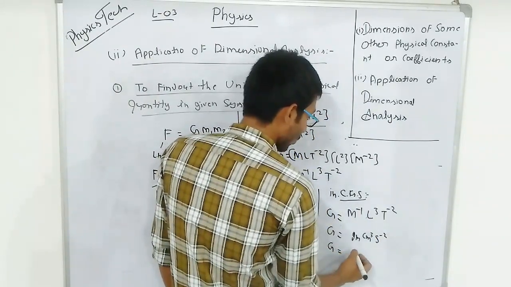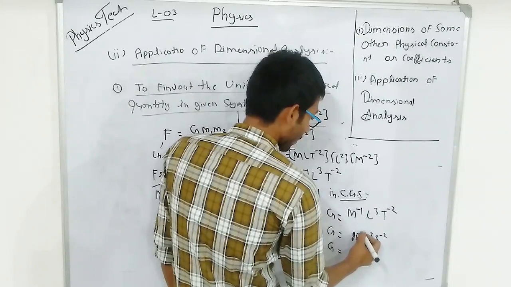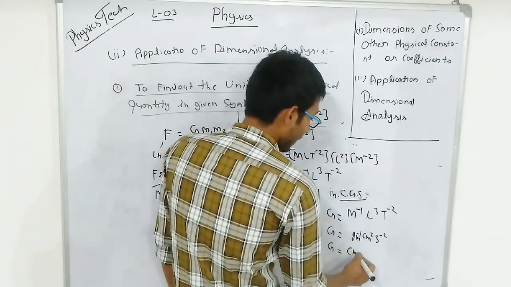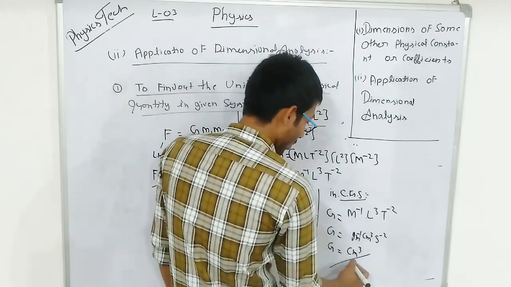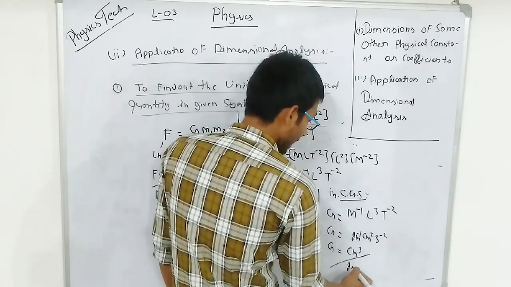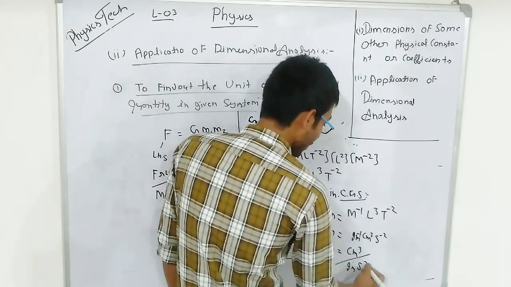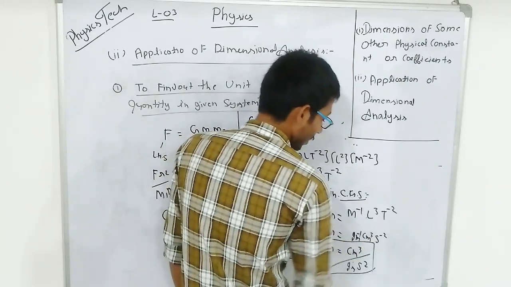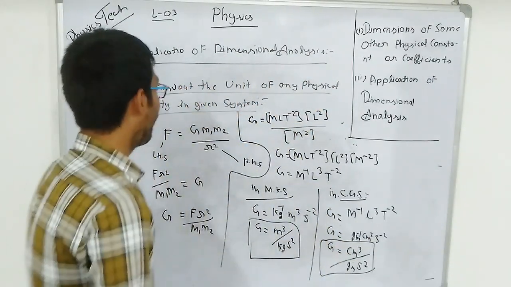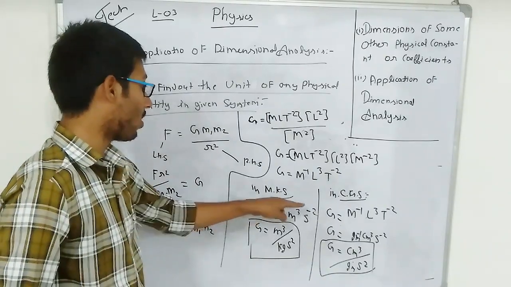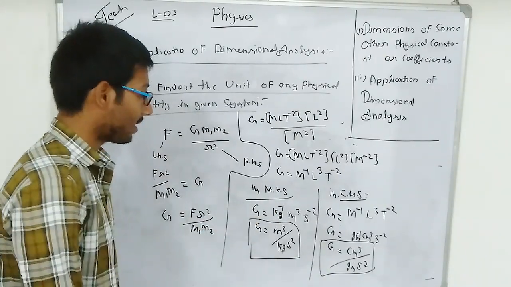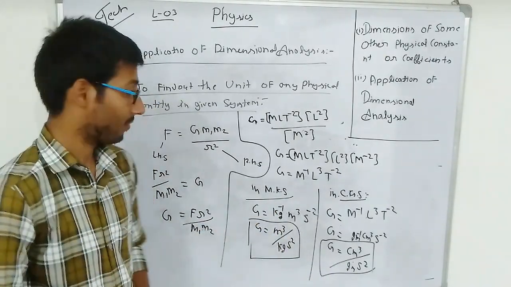Now G is equal to centimeter cube upon gram into second square. It is the unit of capital G in CGS system.